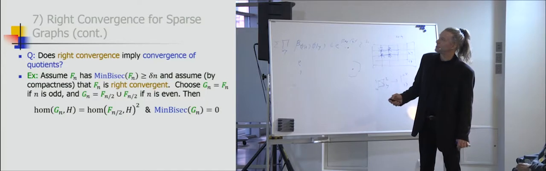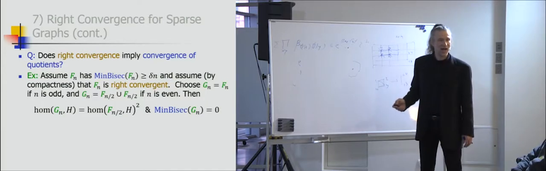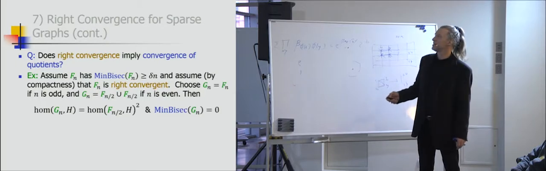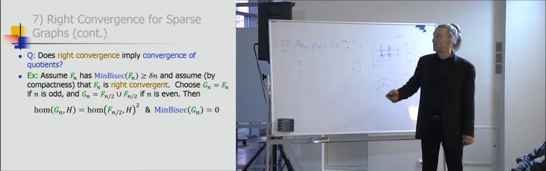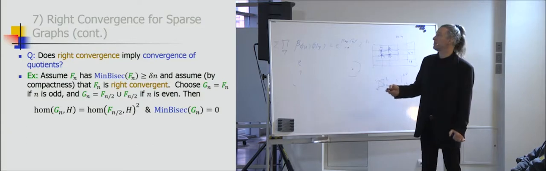So if you take the log, you have a 2 here, but you divide by n halves, that works out nicely. Take the log, divide by n, and it's exactly the same whether n is even or odd.